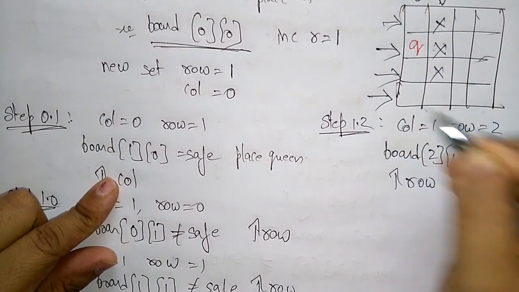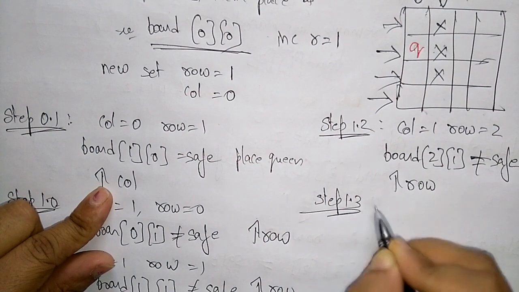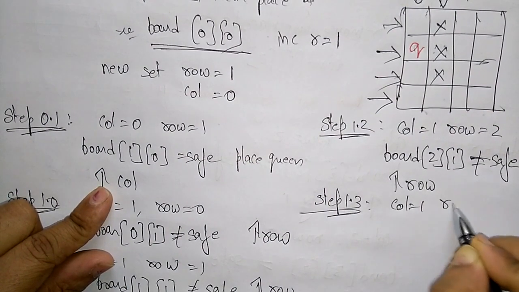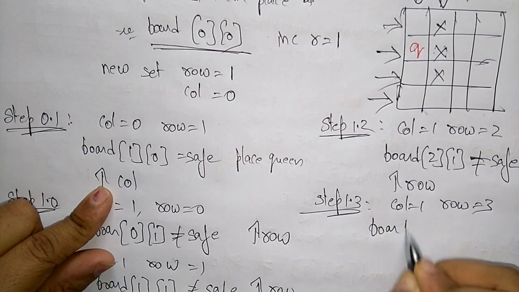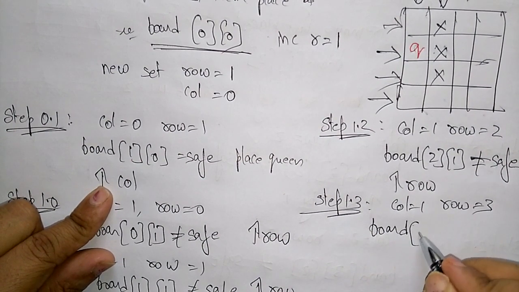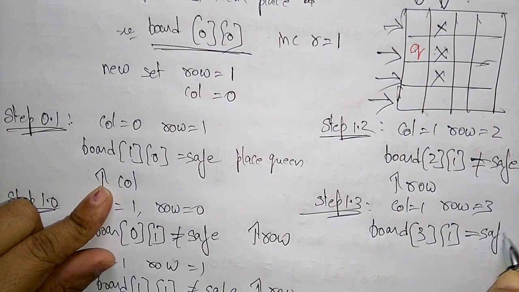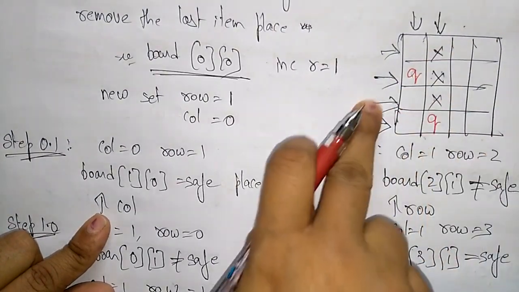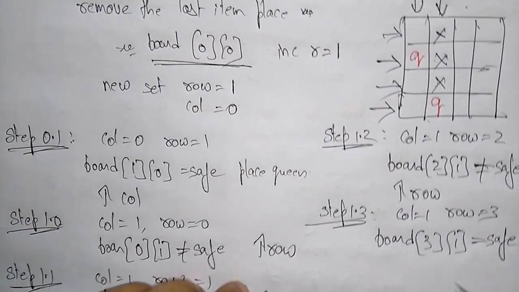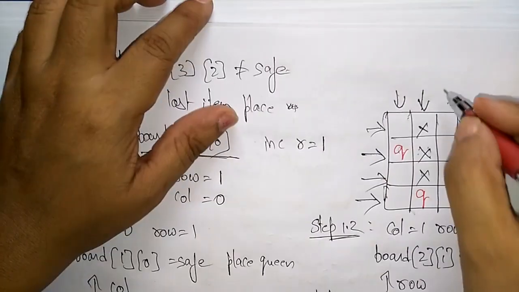Step 1.3, column 1, row 3. Is board of 3 of 1 safe? Yes, it is safe because it is not forming any diagonal, and it is not in the same row or column. Whenever it is safe, we increment column to place another queen.